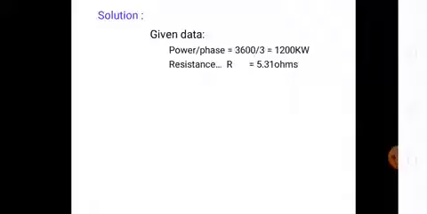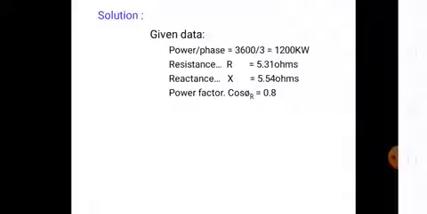The resistance R is equal to 5.31 ohms and the reactance XL is equal to 5.5 ohms. The three-phase line delivers, meaning the receiving side power is 3600 kilowatts, and the power factor is cos phi r, 0.8 lag.